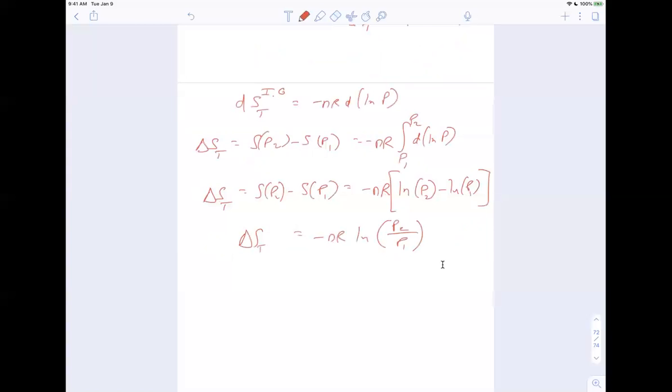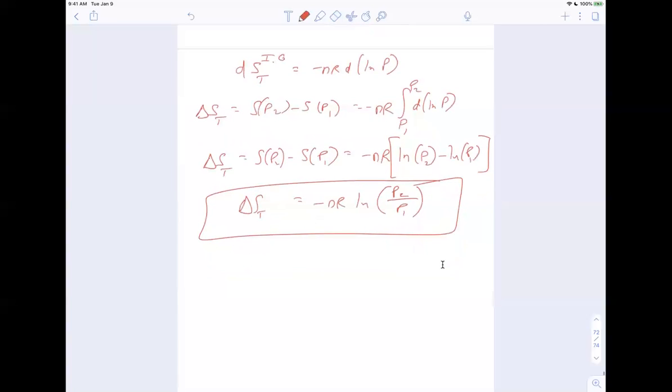Now if we wanted to compute this in terms of volumes, because we know that volumes can change too if pressure is changing, we know how to do this because for an ideal gas, P2 is equal to nRT over V2, am I correct? And P1 is equal to nRT over V1, because temperature is constant. P is equal to nRT over V, right?